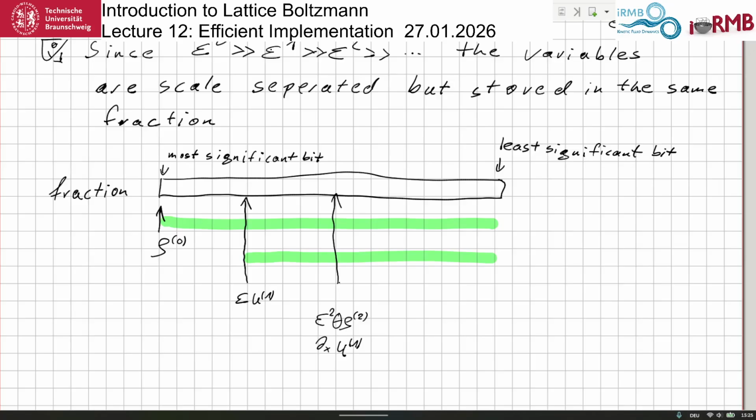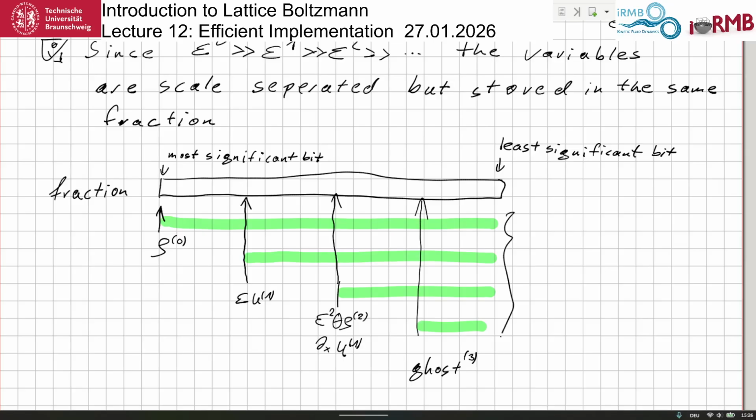They are all located here, and the amount of space they occupy is this here. And then there are also things that we call ghost moments, and they start from the third order onwards. Let me just say this is the ghost of third order, and it has this amount of space in the fraction.